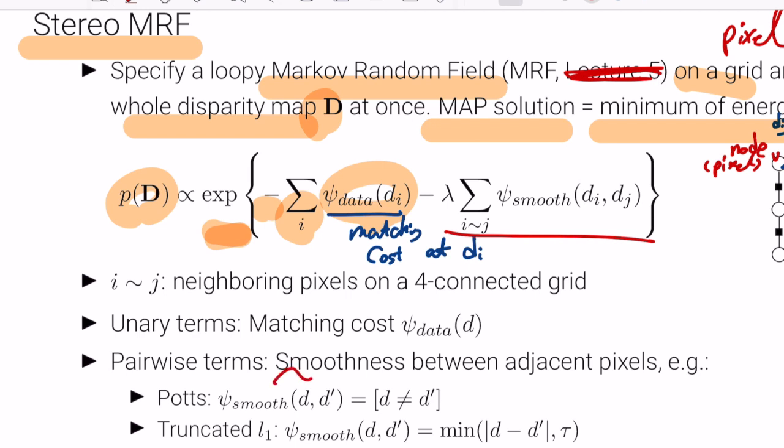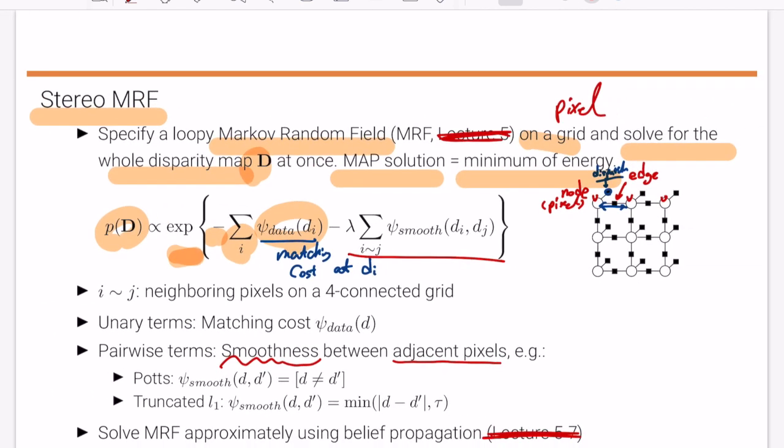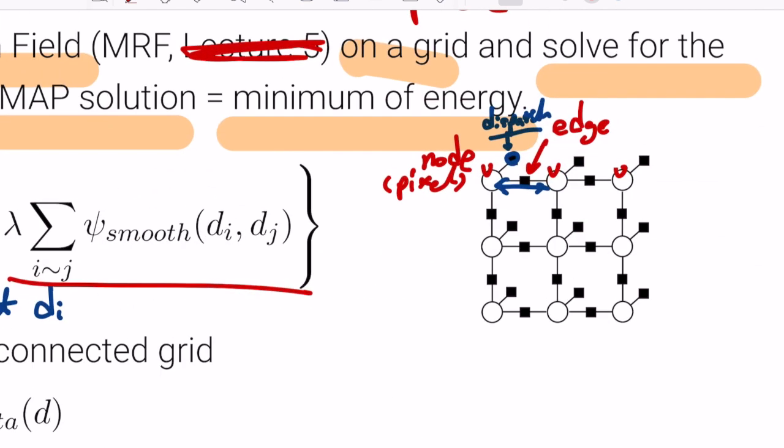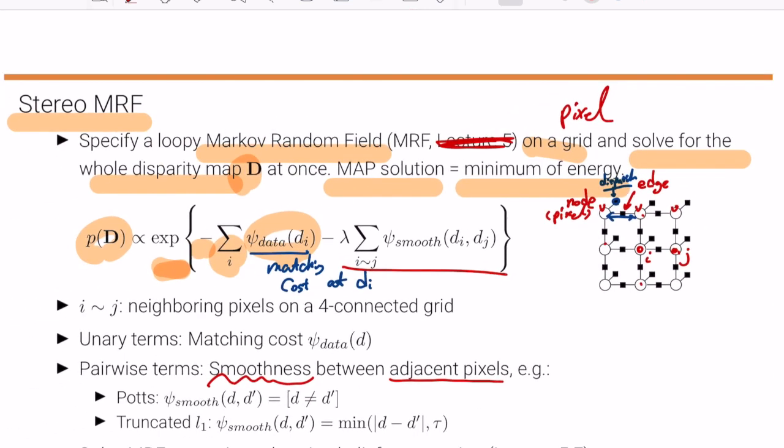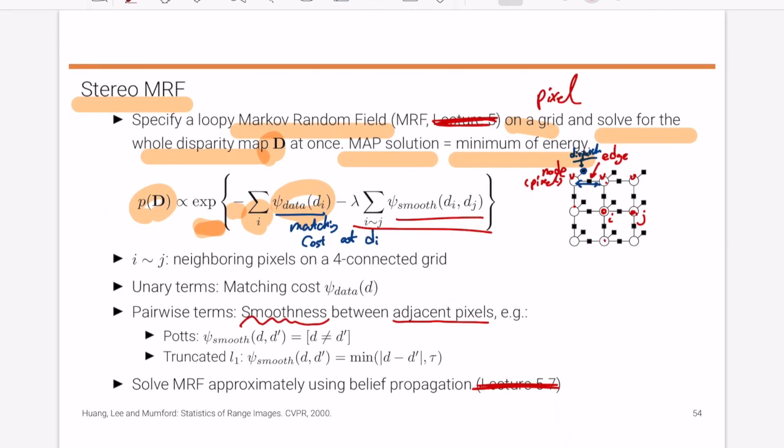Then this term defines smoothness between adjacent pixels. Let's say if this is i, then the 4-neighborhood, the other pixel, is going to be j. So this smoothness term just defines smoothness between adjacent pixels.